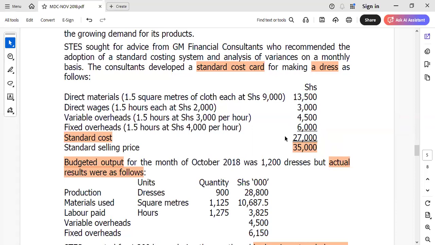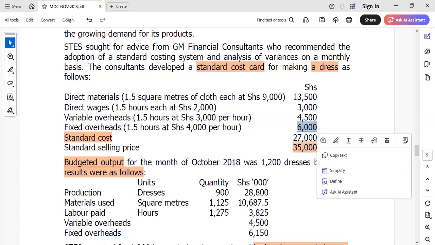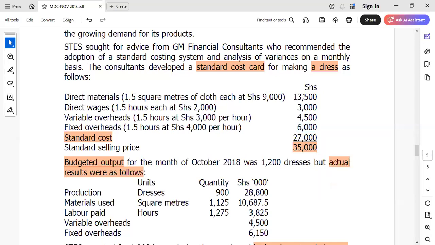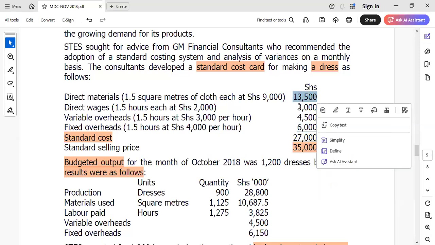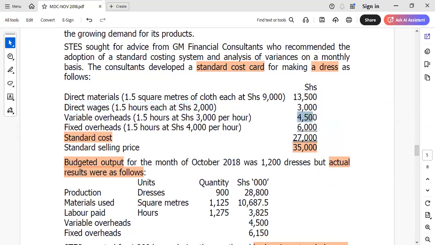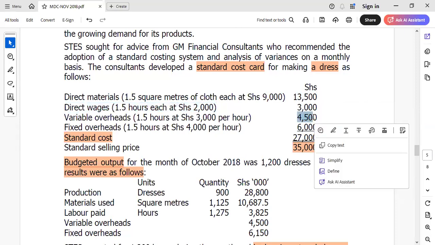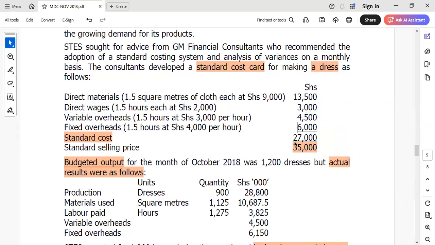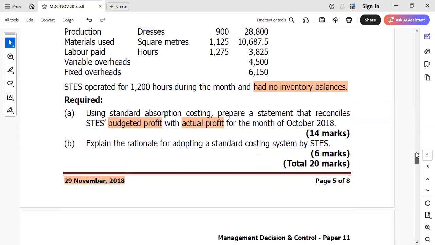If you were looking at marginal costing, then you don't add this 6,000. You get the total variable cost per dress by getting this plus this only. But here we capture the 27,000 because we are using absorption costing.